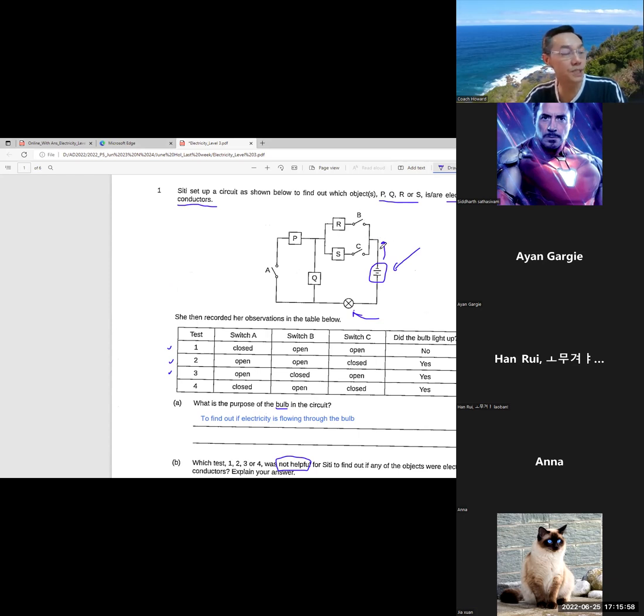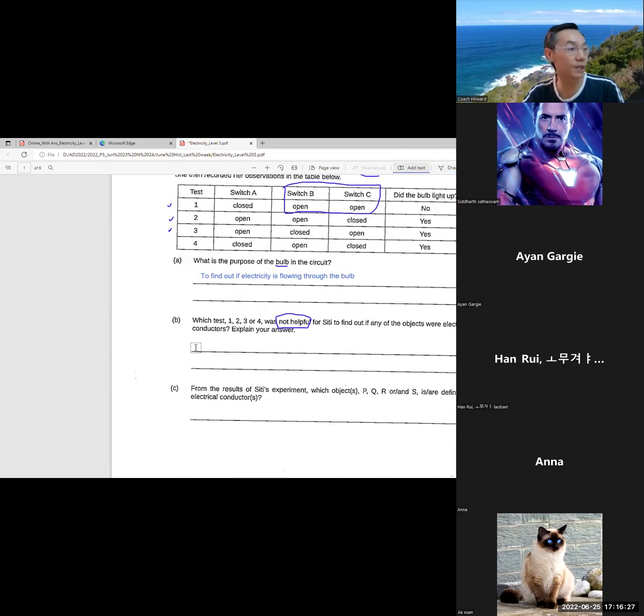You need to go through this. So if B and C are open, both of them, electricity cannot pass through at all. You notice the B and C for test 1 is open, so electricity cannot pass through at all in the circuit. That means test 1 is not helpful. Actually, we don't need test 1. So the answer for this is test 1.